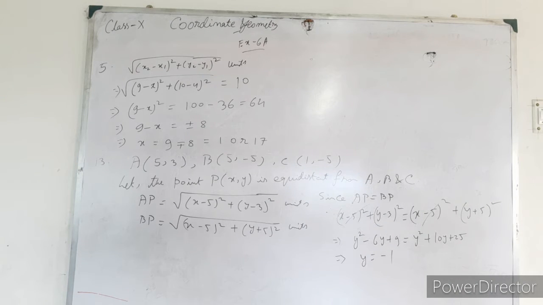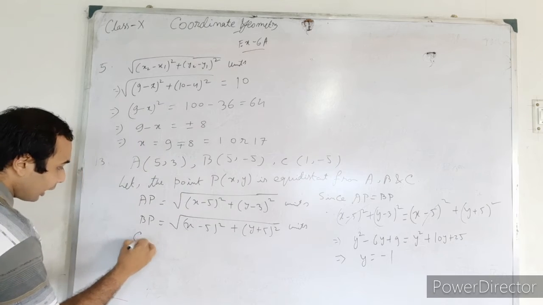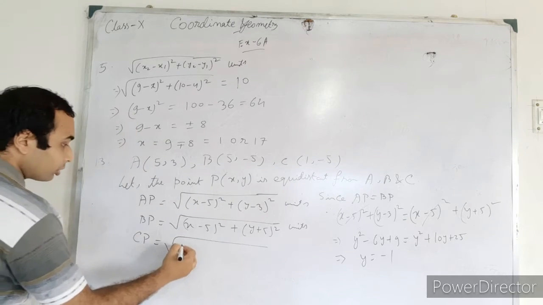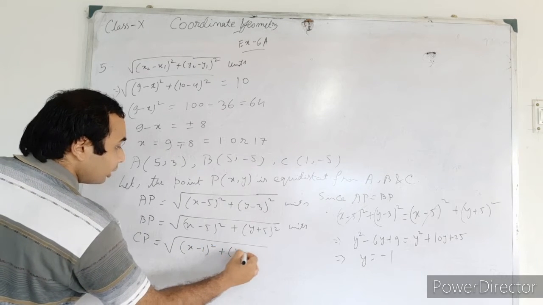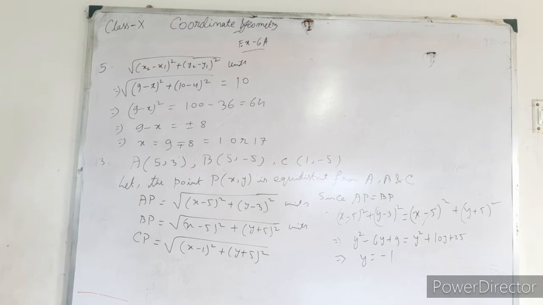So when y equals minus 1, here we have to bring another distance, that is CP, root over (x minus 1) whole square plus (y plus 5) whole square.